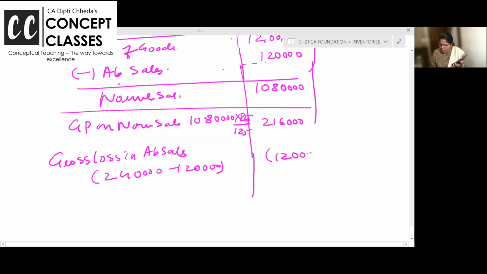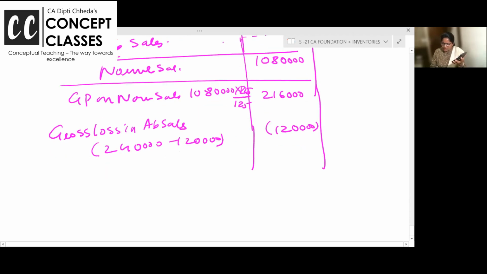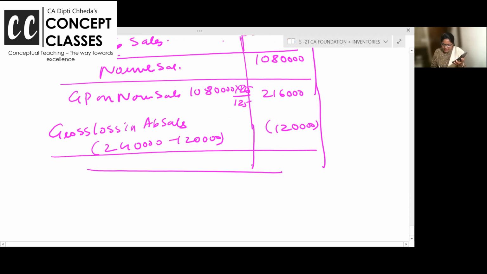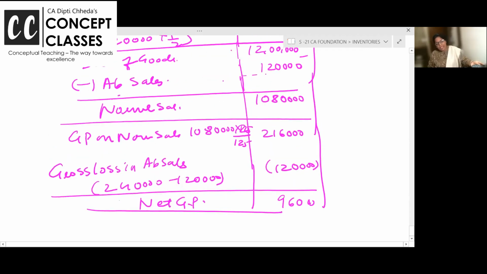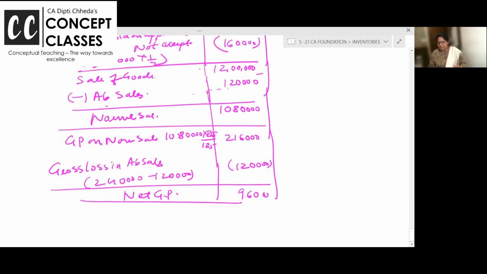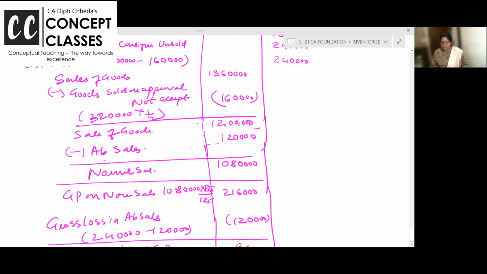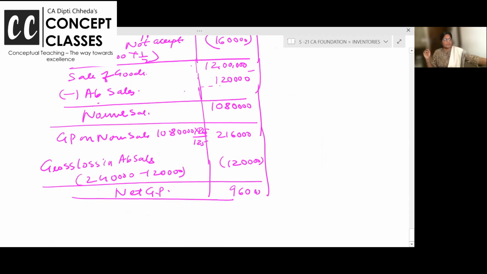So 1,20,000 is loss. So what is the total net GP? Net GP कितना आ रहा है आपको? करो. If you have lost the track, write down one after another. Explanation I'll give again. Don't worry. आराम से अच्छे से पहले लिख लो, कहां से मिस हो गया.